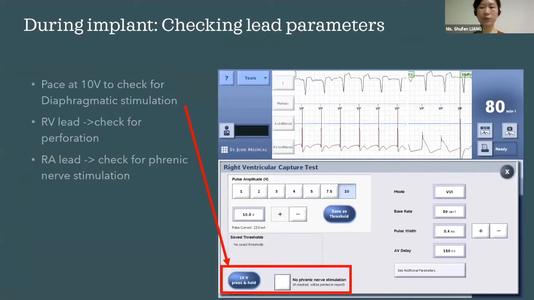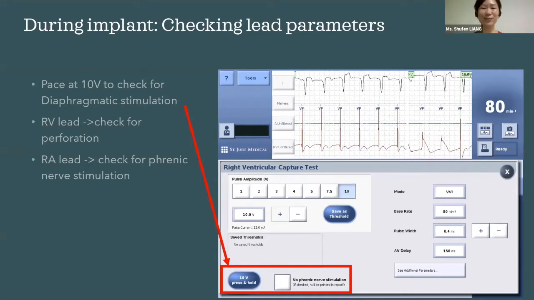After that, we would want to check for phrenic stimulation. When we pace at a high output of 10 volts for the RV, we probably want to check for perforation rather than phrenic stimulation, because below your RV is just your diaphragm. If you have perforated through the RV, you're probably going to pace the diaphragm, which causes diaphragmatic stimulation.